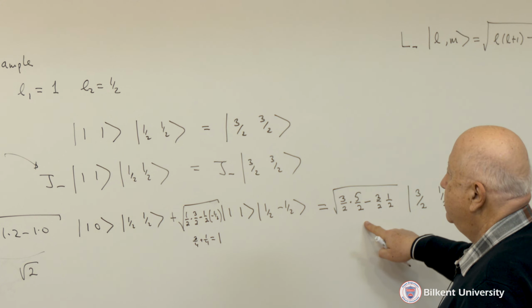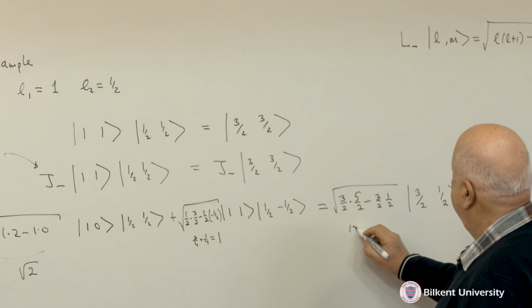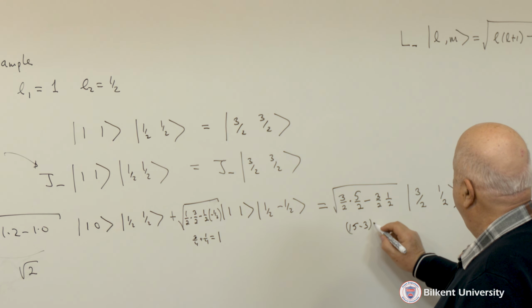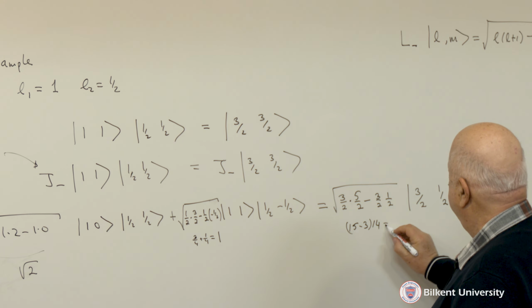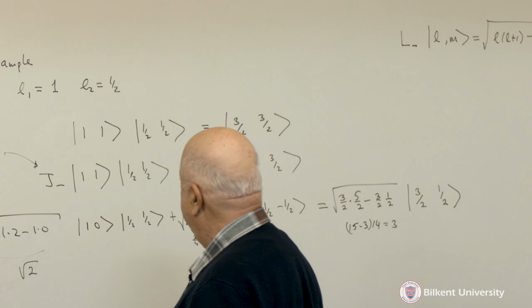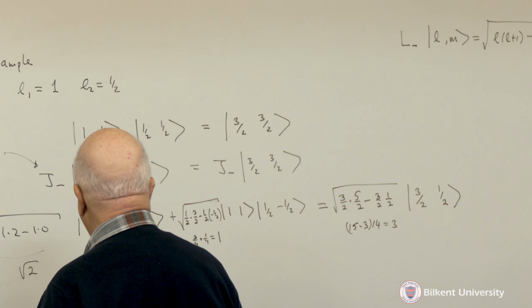What about over here? I have 15 minus 3 over 4, so it's 12 over 4, which is 3, right? So let me just rewrite this. This says, let me divide by square root of 3.